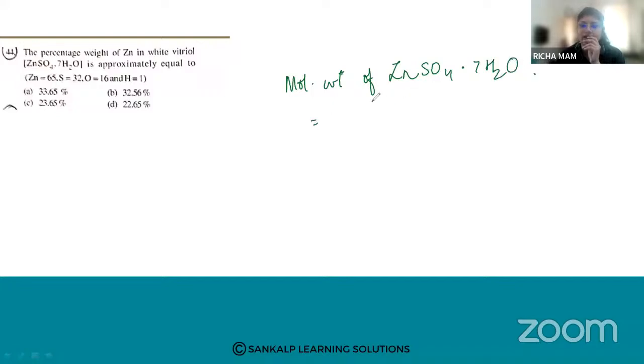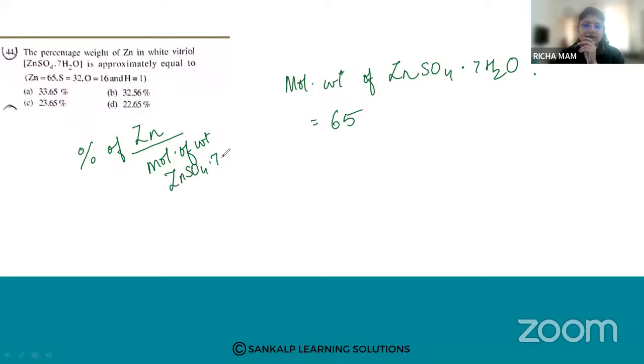Okay, zinc is 65. So first you have to find the molecular weight. So we have to find the percentage of zinc, right? So how do you calculate percentage of zinc? By the atomic weight of zinc divided by the molecular weight of the compound, zinc sulfate dot 7H2O, into 100. So we have to calculate this also.